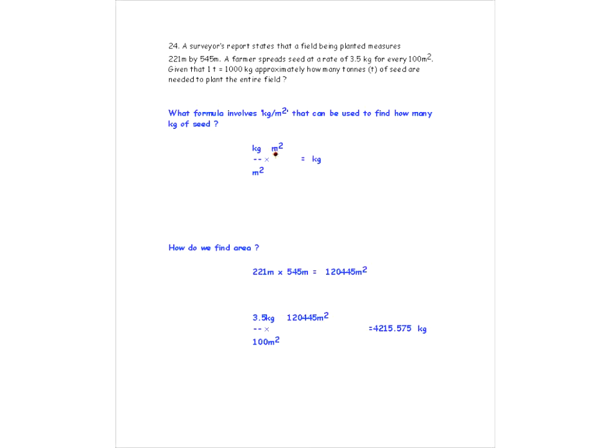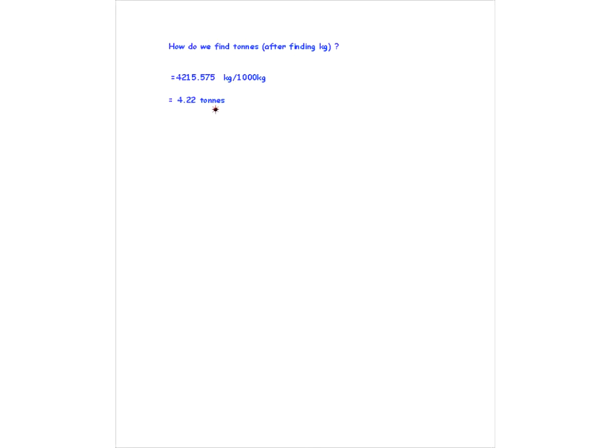So where we have meters squared, we plug in the amount that we got. That's going to be this number that we got. So we're going to multiply this by this and divide by this, and we get this many kilograms. Now all we need to do is divide by 1,000, and that'll give us the number of tons. And that's going to be our last step.